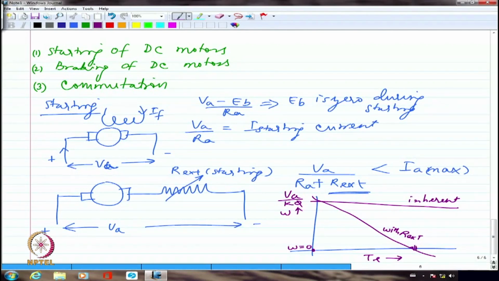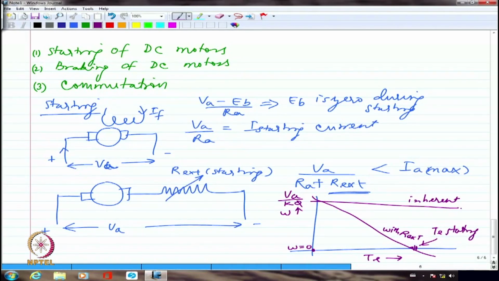So when we are starting, this is the operating point, because the current that is being drawn corresponds to VA divided by RA plus R external. And that current is being multiplied by the flux to give me whatever is the torque. So this is the starting torque that I am going to get. So this is TE starting.